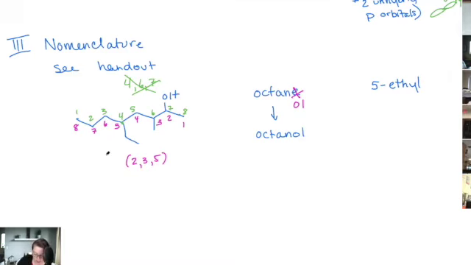At carbon 3, I have a 1-carbon piece right here. What do we call that 1-carbon piece? See if you can find it. 1-carbon is meth.